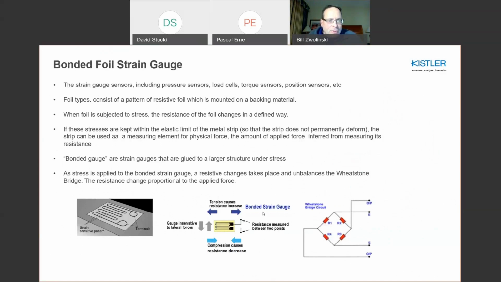So it's definitely a different concept to piezoelectric, which operates on a stiffness concept and is typically optimized for high frequency and dynamic measurements, whereas strain gauge is optimized primarily for static. That gives you some choices in terms of your measurement platforms.